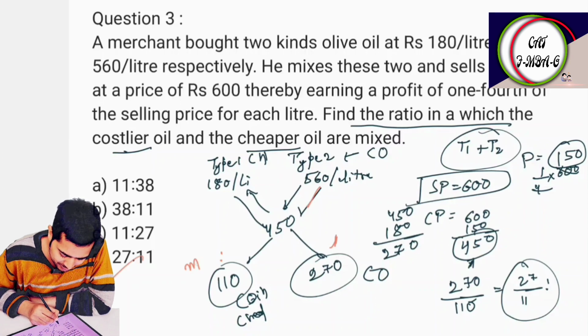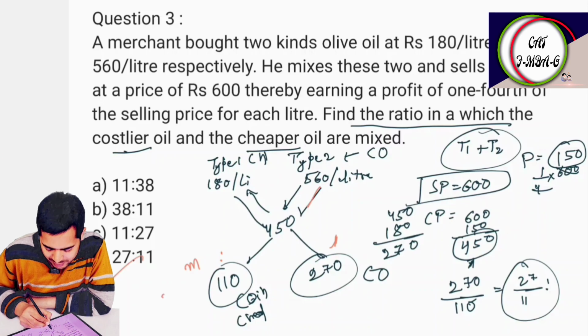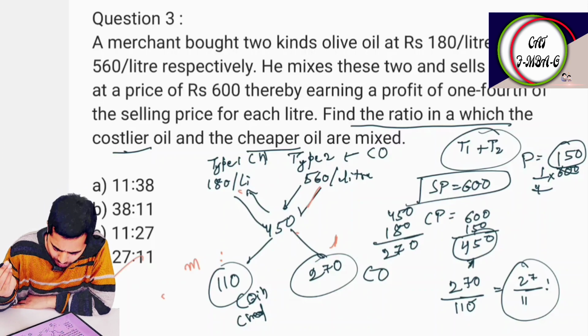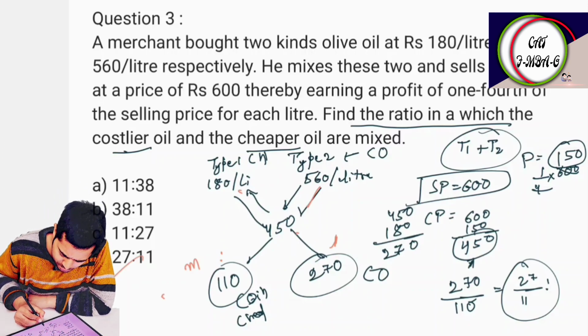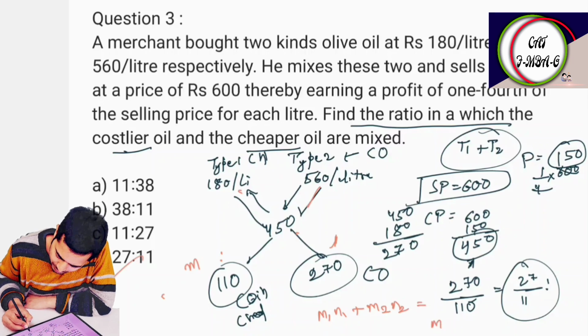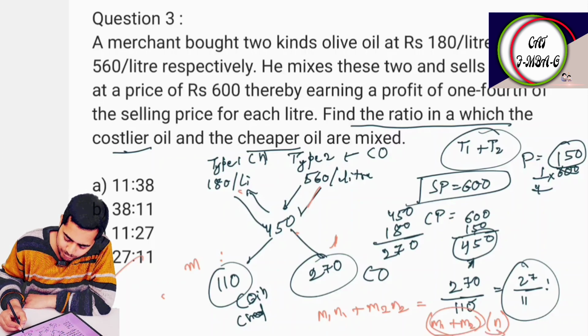Then you take this minus this is m, this minus this is m, and that's how you can solve it. Other methods are also there, where m1 n1 plus m2 n2 is equal to m1 plus m2 into final n, or the final rate is here and the variable is here.